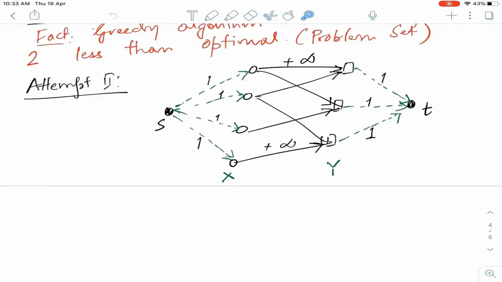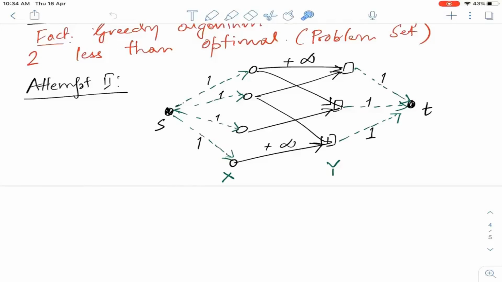Let's say all the edges are going from X to Y. And then I also added a source vertex and a sink vertex. Everything that is on the X side, I connected to S, and everything that is on the Y side, I introduced an edge from those vertices to the sink T. So that is how we reduce the problem.